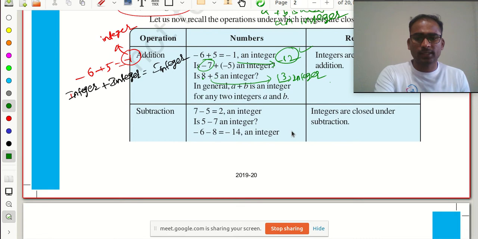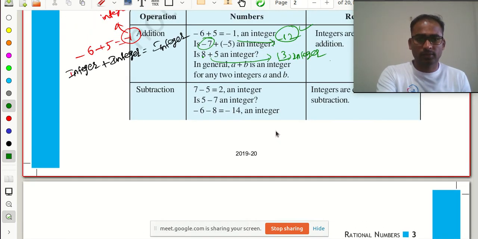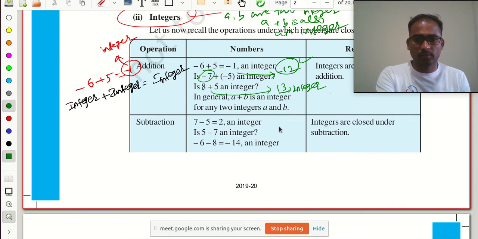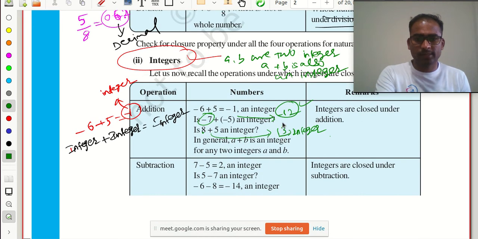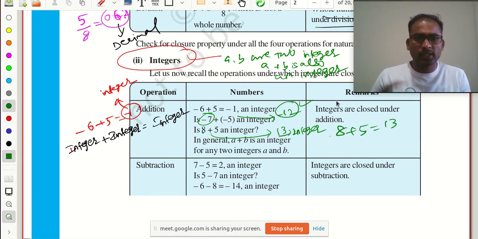Okay. Next, if I go for subtraction, yes. Now we have added 8 plus 5 as well. Then we will get 13. 13 is also a whole number, but here we are checking only integers now. We are talking with respect to integers only. So 13 is an integer also. So no problem.